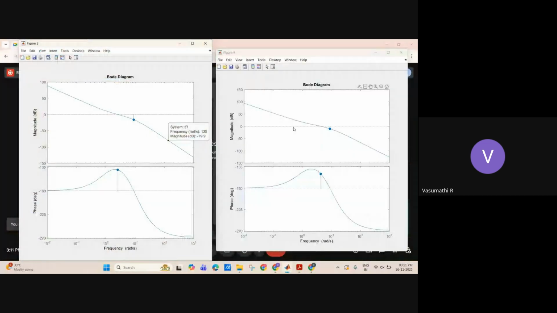Okay. No, there's minus 3. Minus 3. Screen is visible, right? Yes, ma'am. Okay. Now the frequency here is around 3.4 for minus 3 decibels.